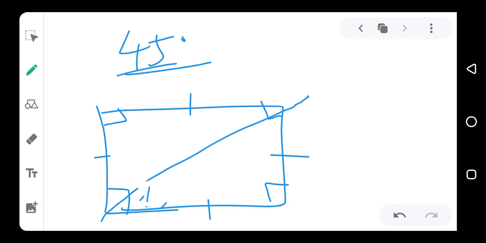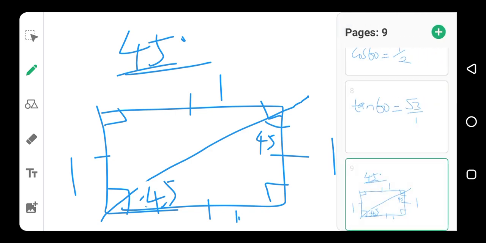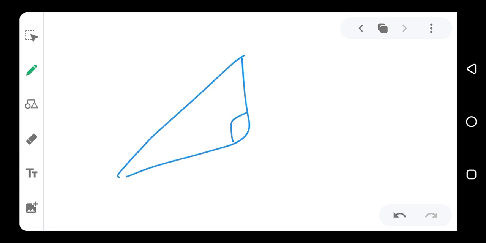We have 45 and we have 45 here. Now let us assume that the sides are 1, 1, 1, 1. Now if we carve out half of it, we are going to have a triangle.